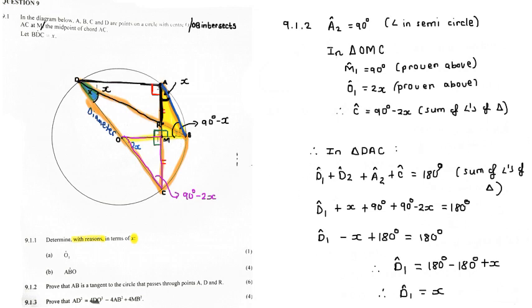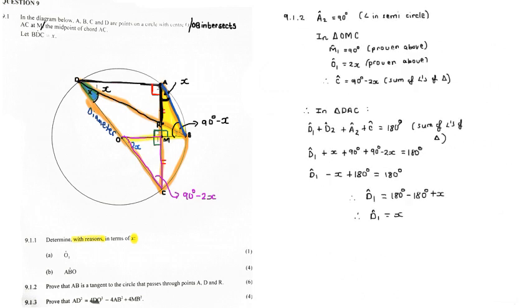So now because of that, we can say that this line AB is actually a tangent, because what we've done is successfully prove the converse of the tan chord theorem. So we're going to say, therefore, AB is a tangent.